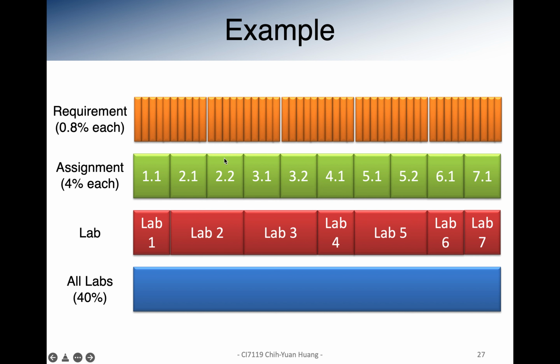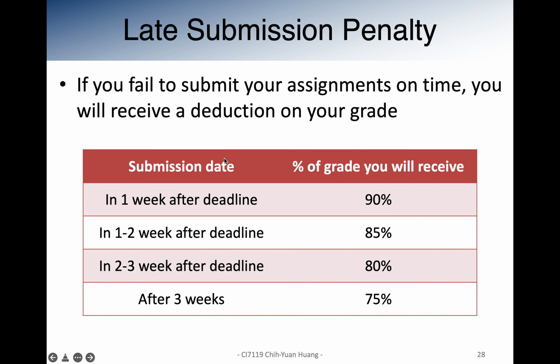Okay, and then there is the late submission penalty. If you fail to submit your assignment on time, you will receive a deduction on your grade. I slightly adjusted the penalty this year so that it's not a very large penalty.